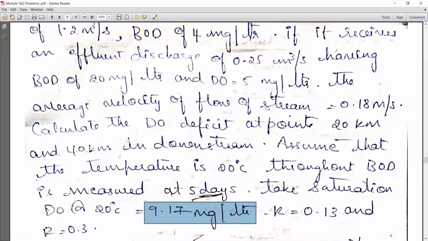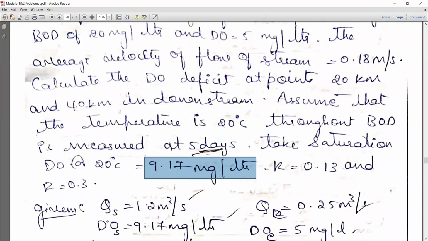If they give you 30 degrees Celsius, assume 7.62. If they give you 20 degrees Celsius, it is 9.17. Most probably they will not give you 0 degrees, but if they do, it is 14.63 mg per liter.